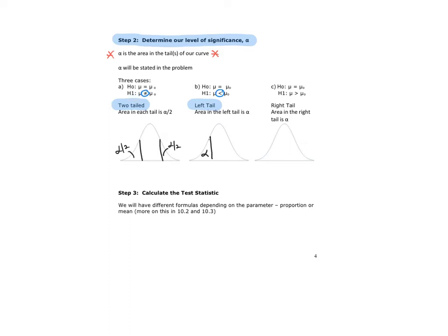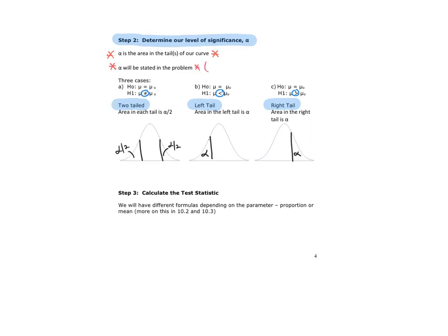Lastly, we have our right-tailed test, denoted by the alternative being a statement that the parameter is greater than a specified value. In this case, the area in our right tail is equal to alpha. One more comment: alpha will always be stated in the problem.